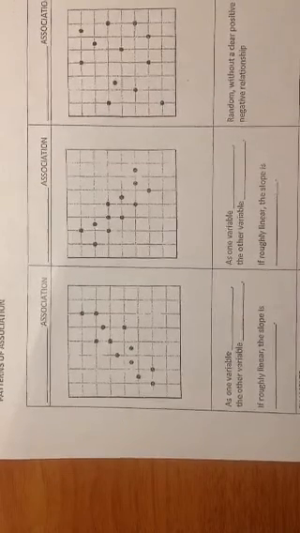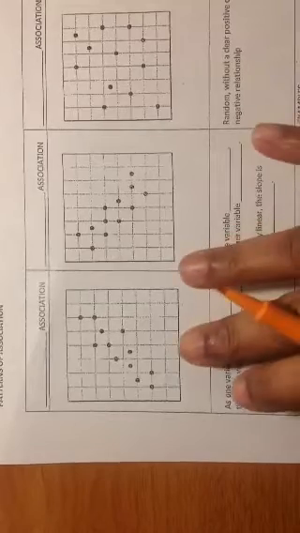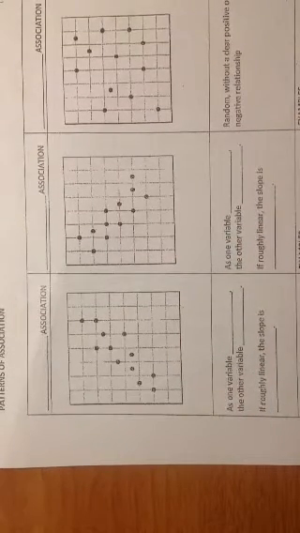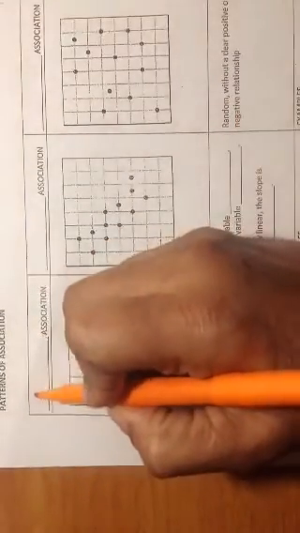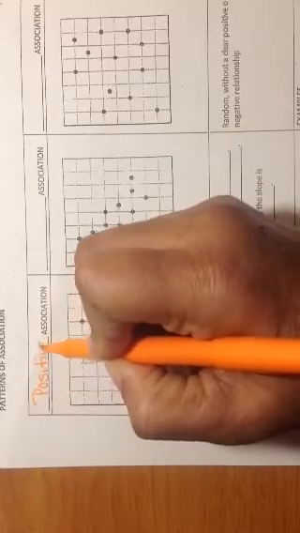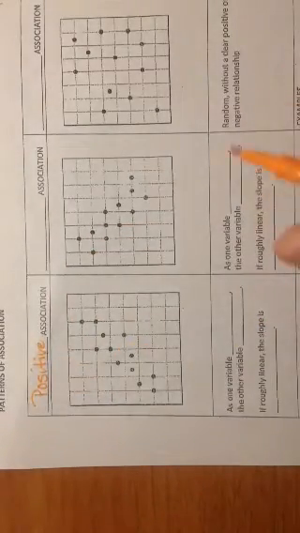So for this one, what kind of association do we see with that? Well, what I'm seeing right there is that it's a positive association. As x increases, y increases. So this is a positive association.